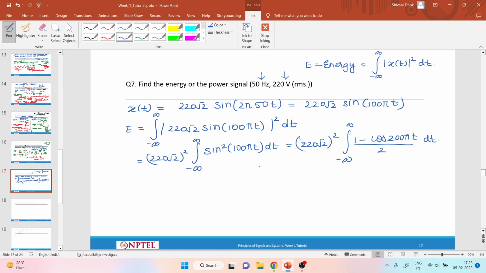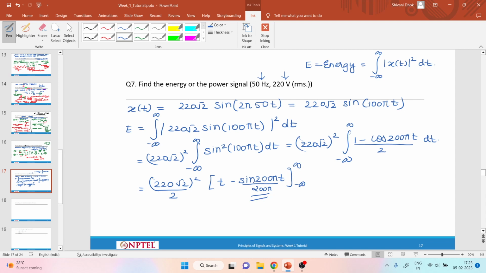So if we look at this integral, what we have is 220 root 2 square by 2 t minus sine of 200 pi t by 200 pi from minus infinity to infinity.